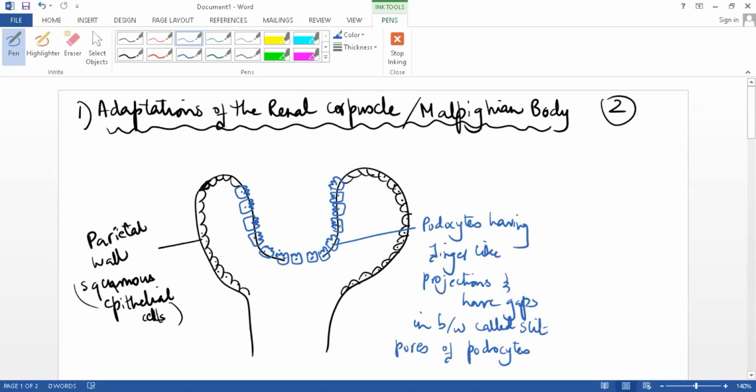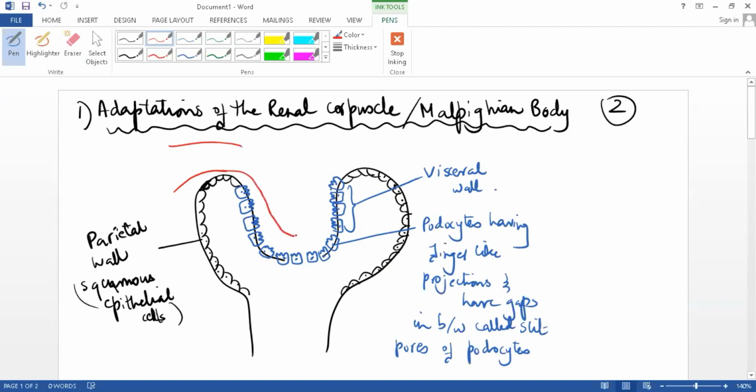So this side wall is called the visceral wall. You don't need to remember the names of visceral wall and parietal wall. You just need to remember that this side wall, which is in direct contact with the glomerulus, has pores in between called the slit pores, and they have finger-like projections to increase the surface area for maximum absorption. And this side cells are squamous epithelial cells, and they do not have pores. You just need to remember this.